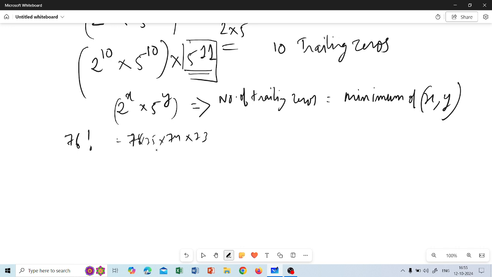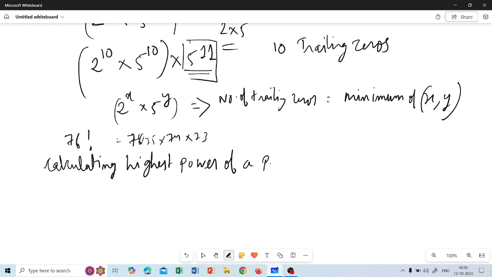Now there is one concept here, that is calculating the highest power of a number, of a prime number, not any number, but a prime number, in a factorial.